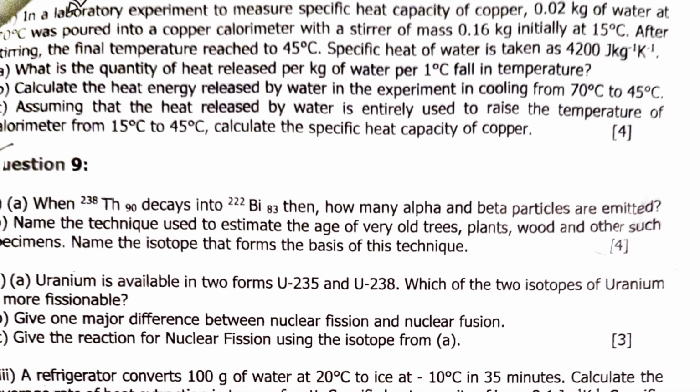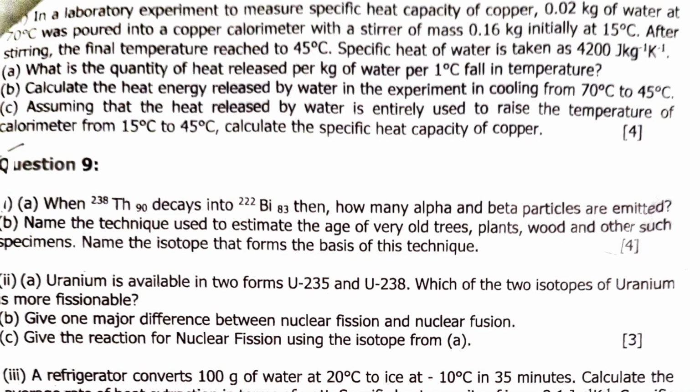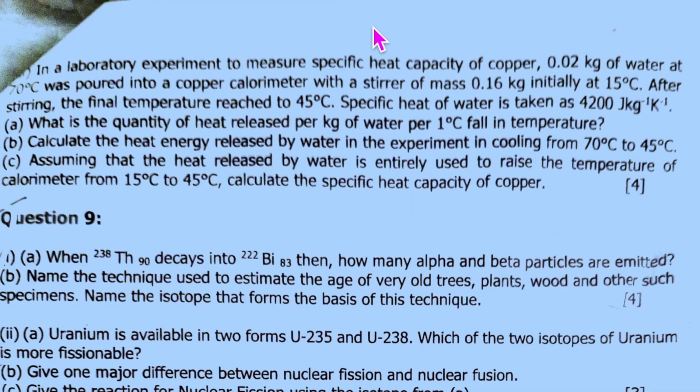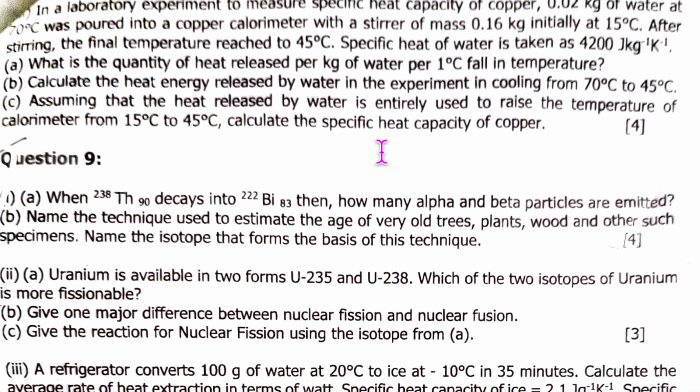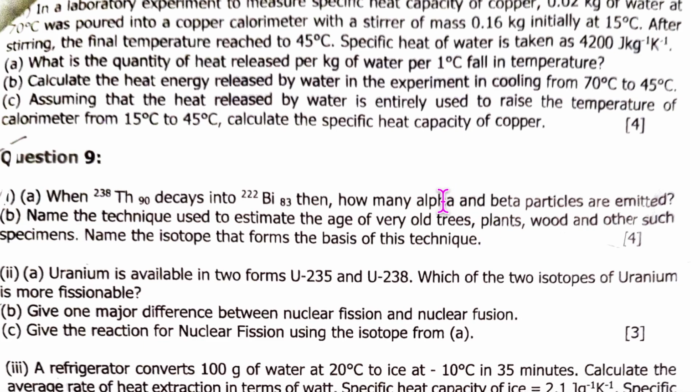Let us look at this. Could you read this? In the laboratory, to measure specific heat capacity of copper, 0.02 kg of water at 70 degrees C was poured into a copper calorimeter with a stirrer of mass 0.16 kg, initially at 15 degrees C. After stirring, the final temperature reached 45 degrees C. Specific heat capacity of water is taken as 4200 joule per kg per K. What is the quantity of heat released per kg of water per 1 degree C fall in temperature?